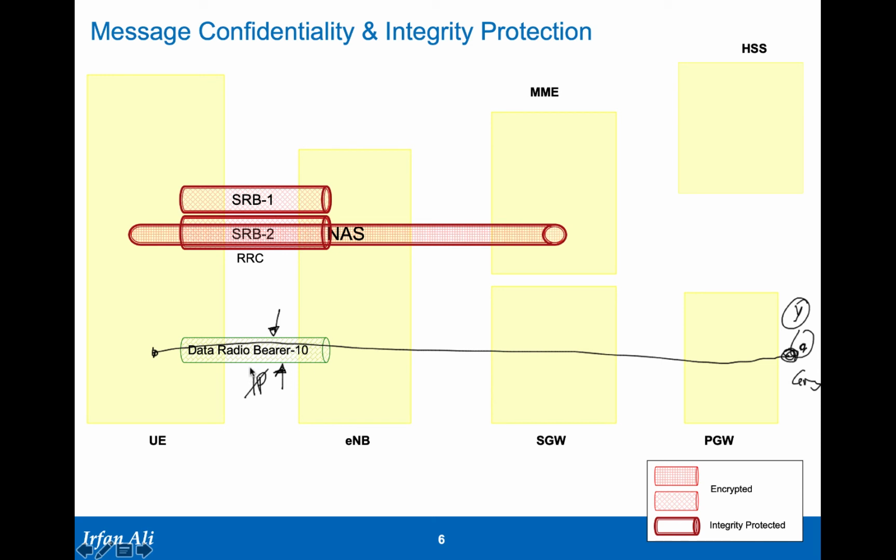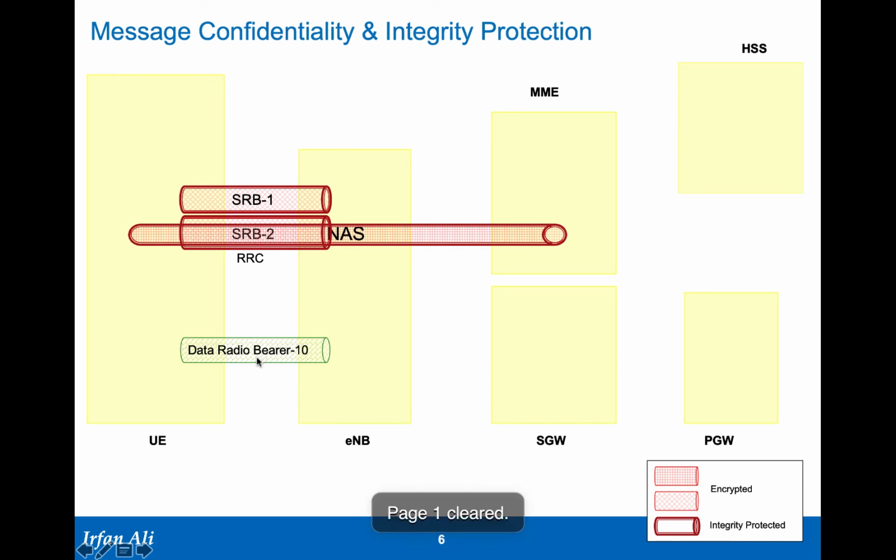One of the things I do want to cover is what is essential, what is required and what is not required by standards. So in the NAS, integrity protection is a must. Integrity protection should be provided for the NAS messages.